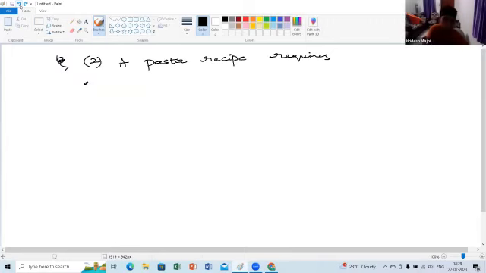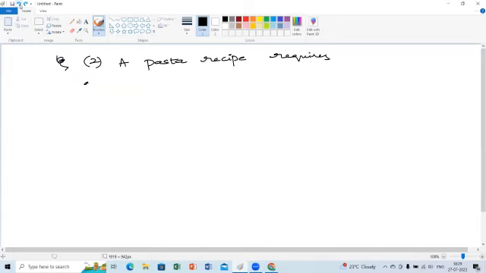Come on, think about the question. Using 21 kgs, how much pasta can be made? A pasta recipe requires 2 by 3 kgs of cheese.